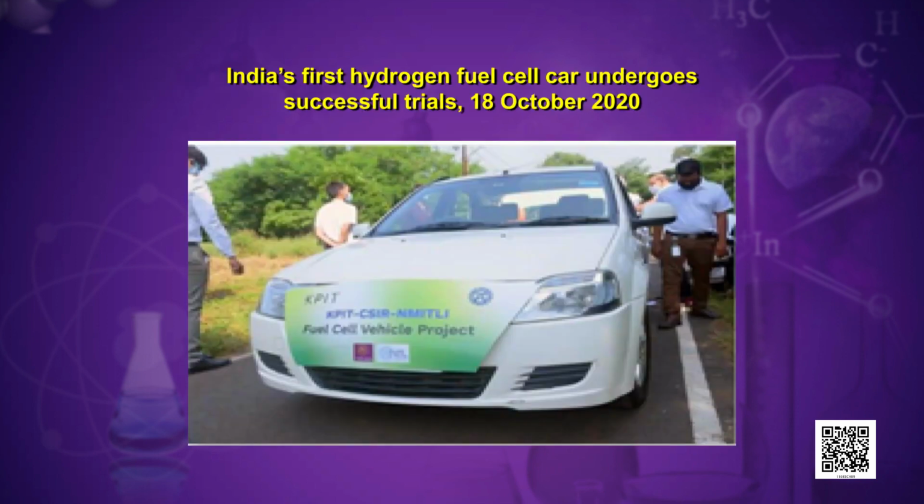Also, India's first fuel cell car was just tested for its trial run in 2020, on 18th of October is the exact date. So, you can see that now the future is there for using dihydrogen as a fuel mixed with the other fuels which are conventionally used.